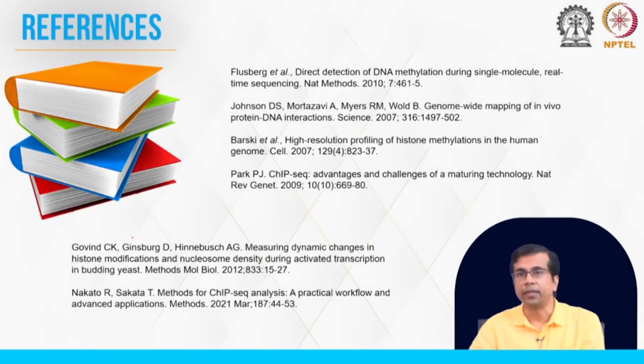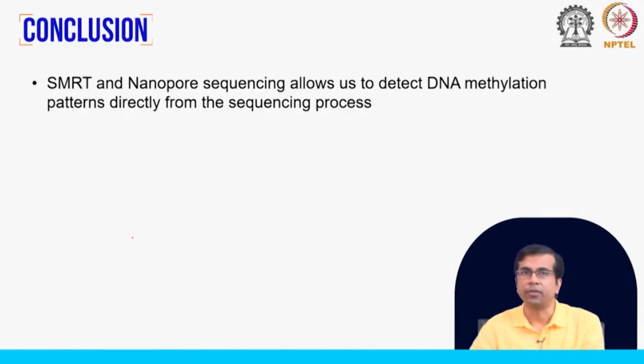Here are the references for this class, and to summarize, we have talked about direct detection of DNA methylation patterns using two different next generation sequencing methods, single molecule real time sequencing or SMRT sequencing and nanopore sequencing. And we have seen that they apply two different principles to identify these methylation patterns. The SMRT utilizes two parameters, interpulse duration and pulse width.